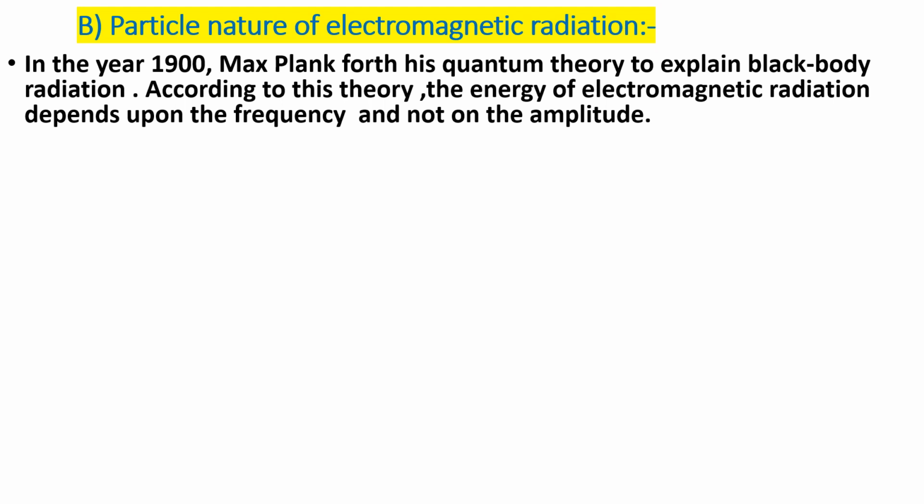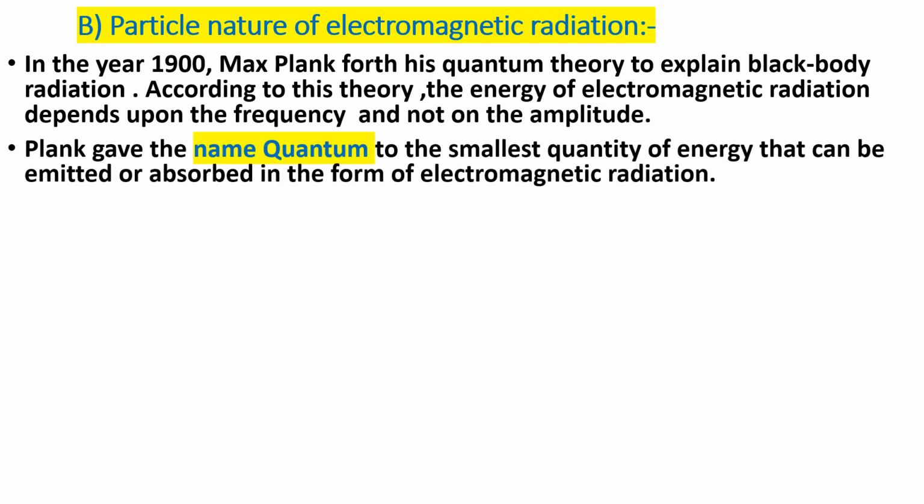According to this theory, the energy of electromagnetic radiation depends upon the frequency and not on the amplitude. Planck gave the name quantum to the smallest quantity of energy that can be emitted or absorbed in the form of electromagnetic radiation.